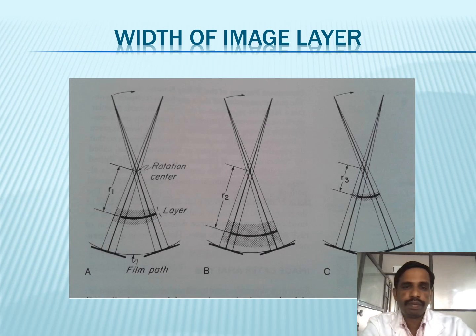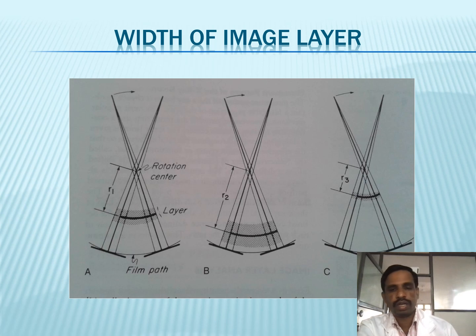When you look at the width of the image layer, we know that the rotation center is located here. The width of the image layer will decrease when the effective projection radius is less. If the effective projection radius is more, you can see the width of the focal trough is increased.